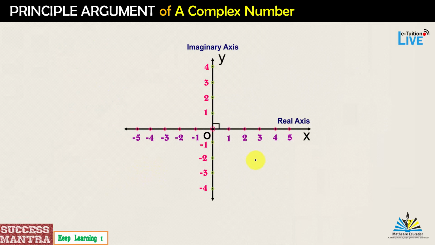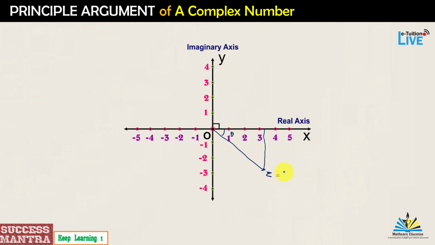And what about the complex number in the fourth quadrant? So if we have a complex number Z in the fourth quadrant, then we will measure amplitude in this way. Let's call this theta.